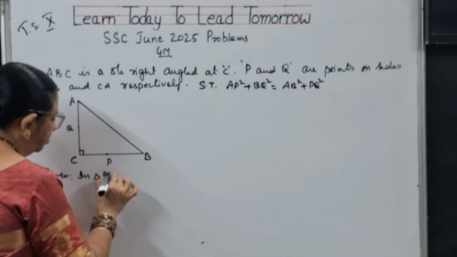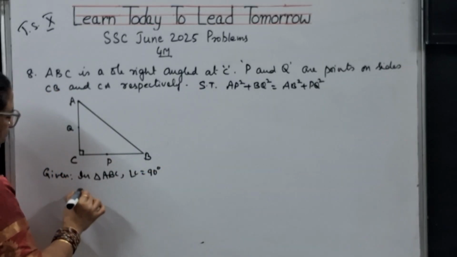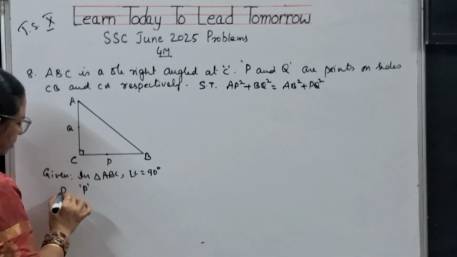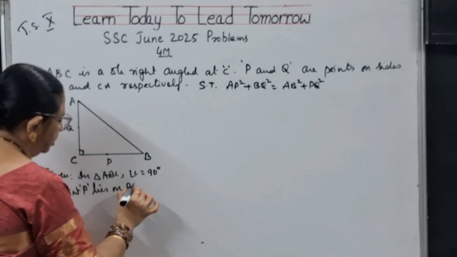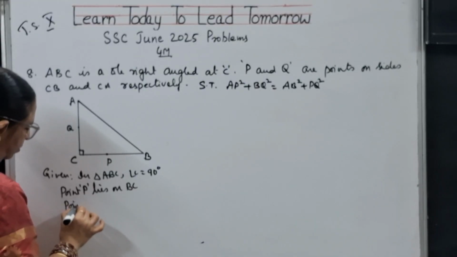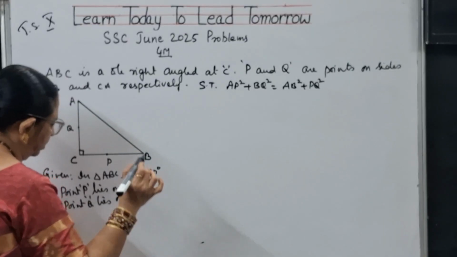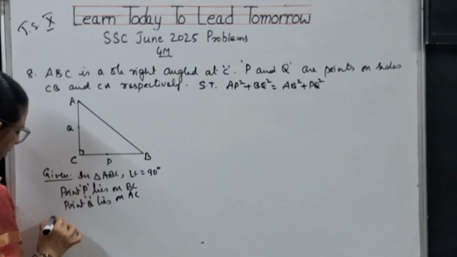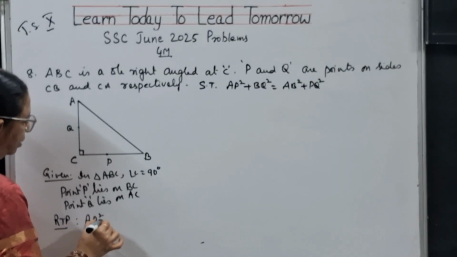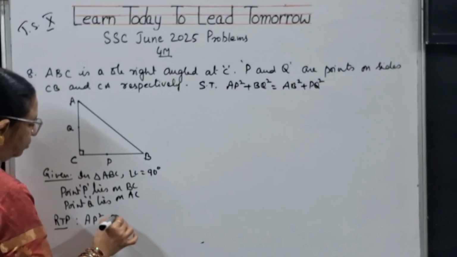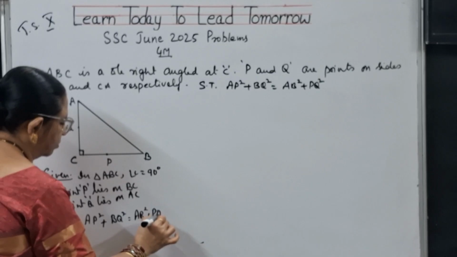In triangle ABC, angle C is 90 degrees, point P lies on BC and point Q lies on AC. Now what is RTP? You need to prove that AP square plus BQ square is equal to AB square plus PQ square.